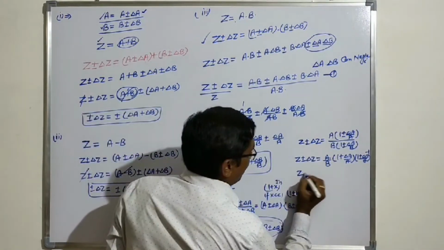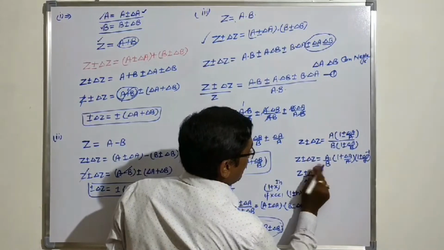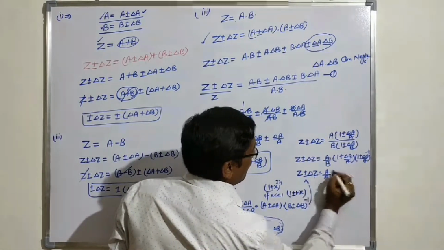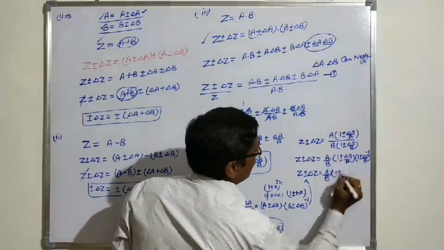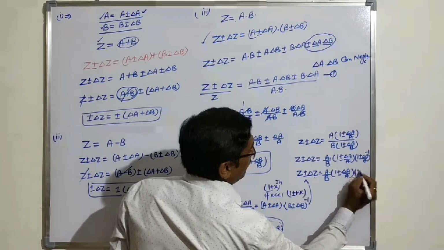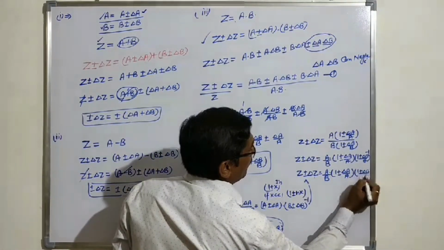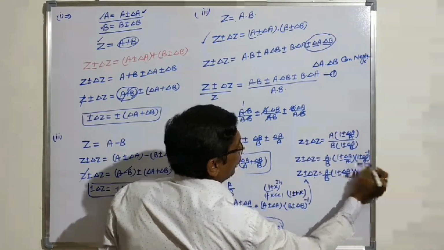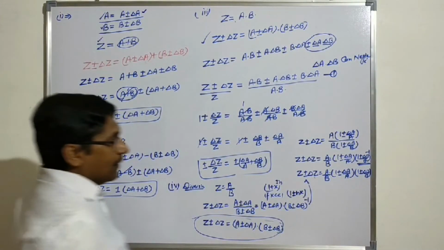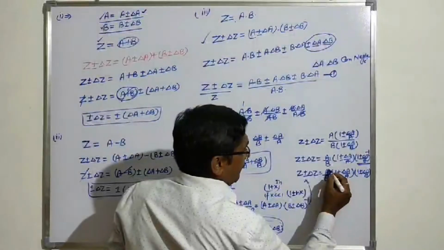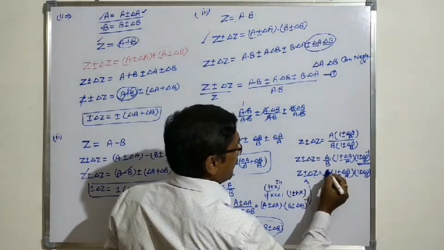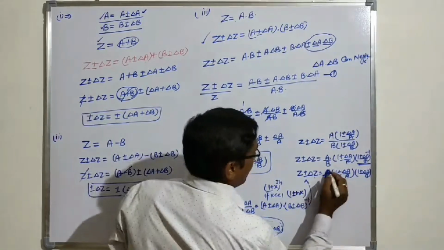And after solving the binomial expression, we get a upon b, 1 plus or minus del a upon a and 1 plus or minus del b upon b, according to the binomial expression. Now in another way we can solve this.